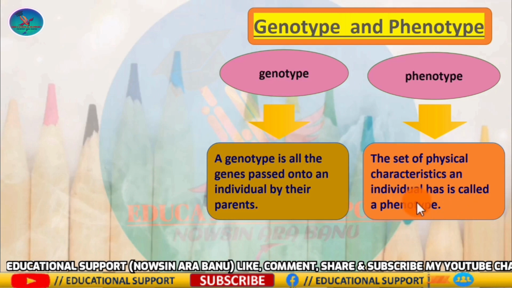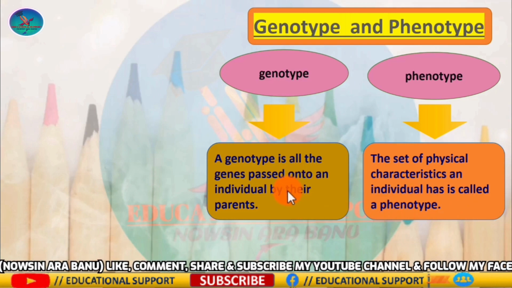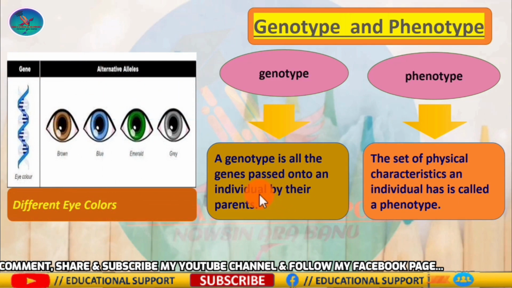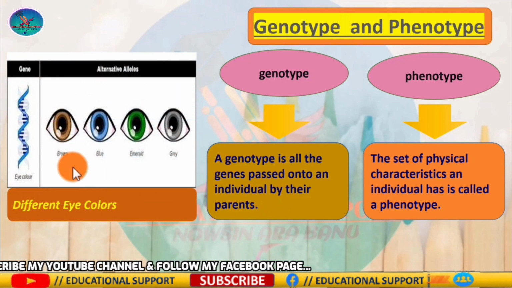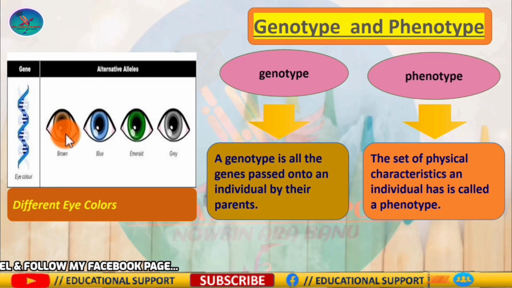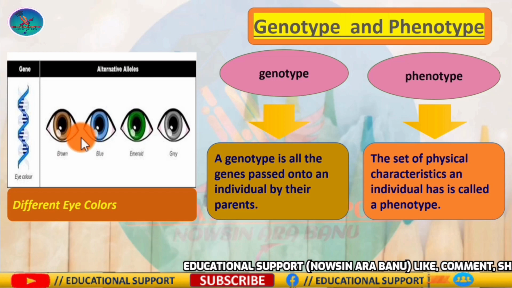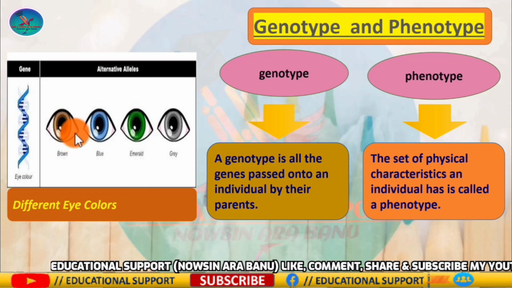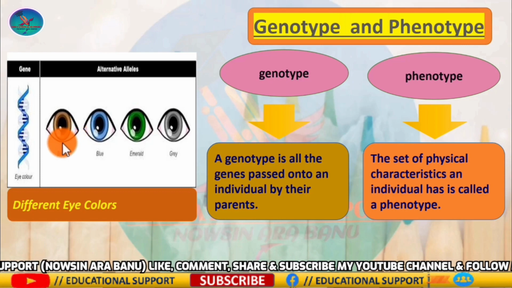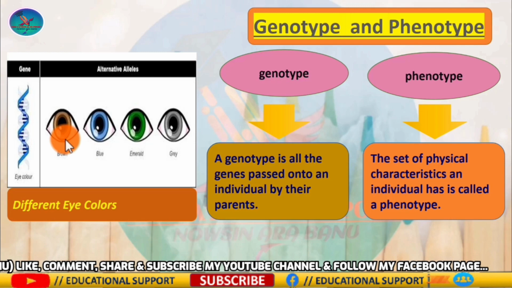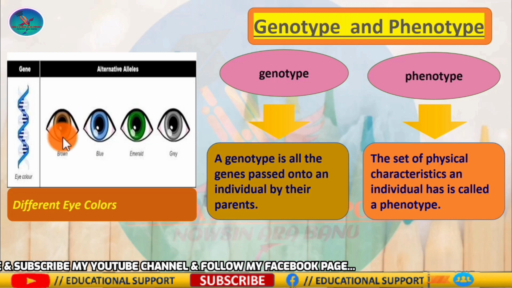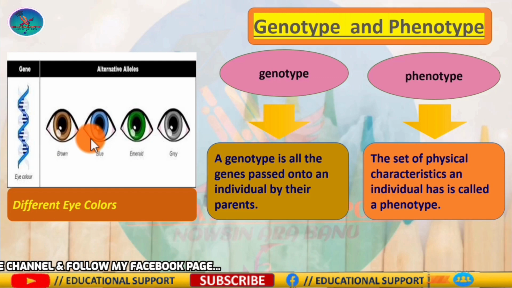For example, take an individual who has one allele for blue eyes and one for brown eyes. Based on this information, we know that their genotype includes blue eyes and brown eyes. If you observe that the individual has blue eyes, in other words, blue eyes is the expressed trait, then we know that their phenotype includes blue eyes but not brown eyes.